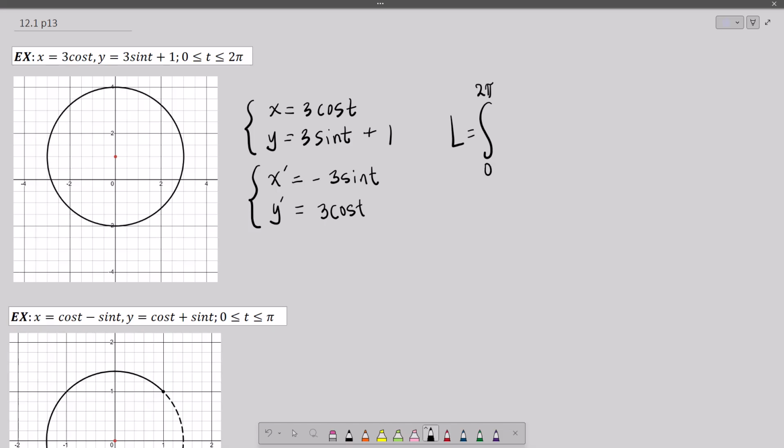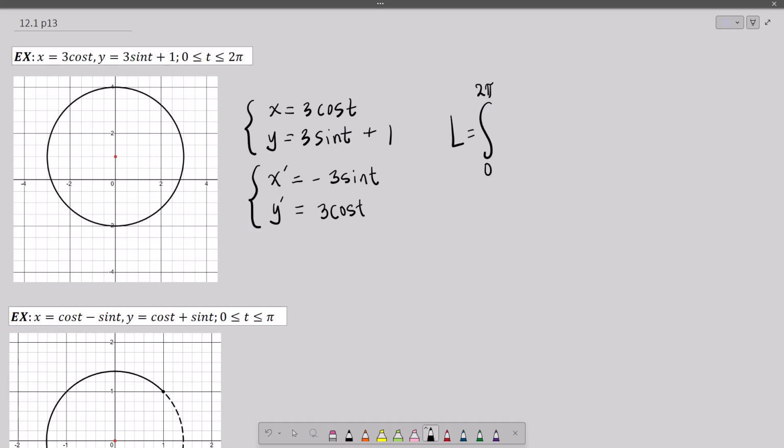And so here's one of these places where sometimes they're a little sloppy, and they include or exclude the 2 pi. Technically, if we want just the circle and not the circle plus a point, we should have a less than, not a less than or equal to. But it doesn't matter when we're integrating. So it's totally fine. The integral, whether we include or exclude the 2 pi, is the same.